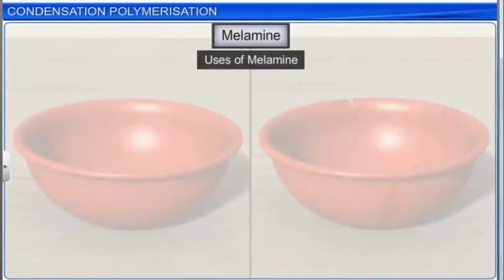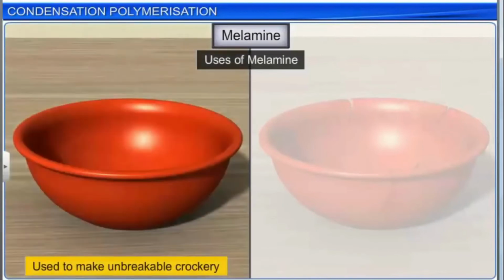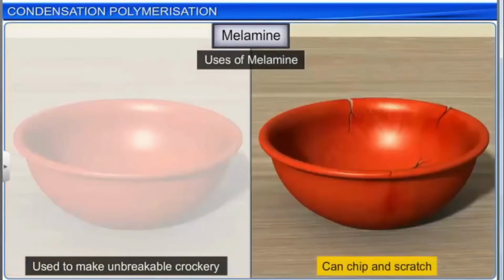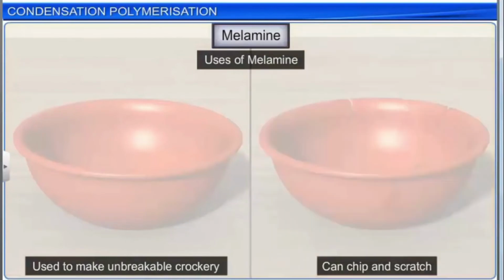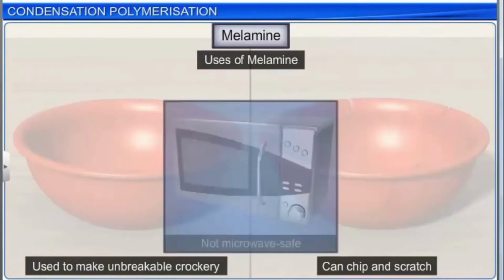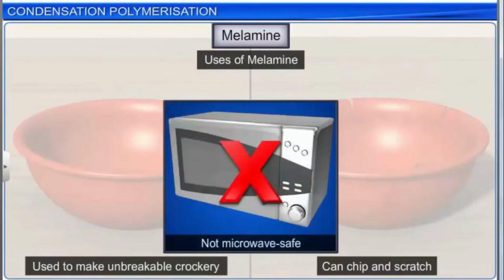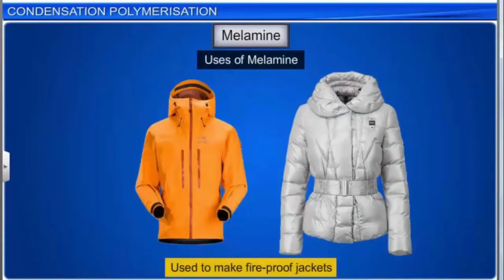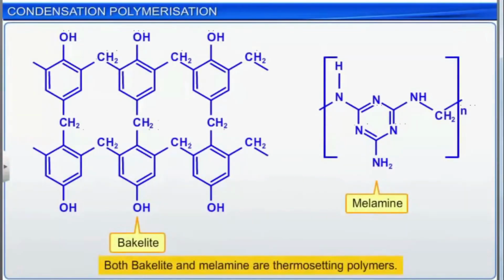Melamine is used to make unbreakable crockery. However, it can chip and scratch, and it is not microwave safe. Melamine is also used to make fireproof jackets. Note that both Bakelite and melamine are thermosetting polymers.